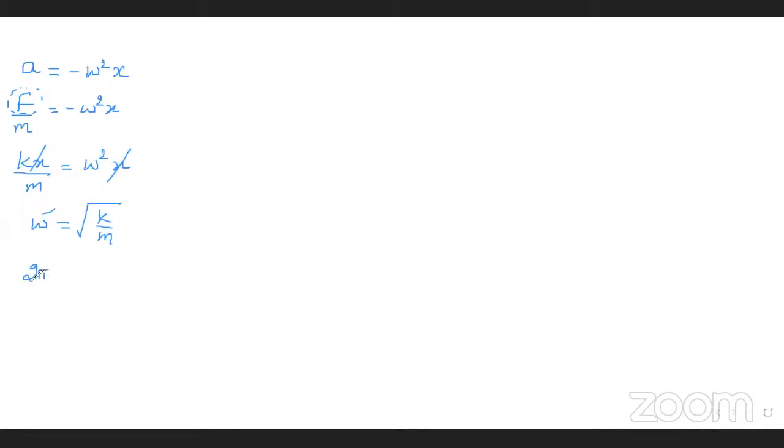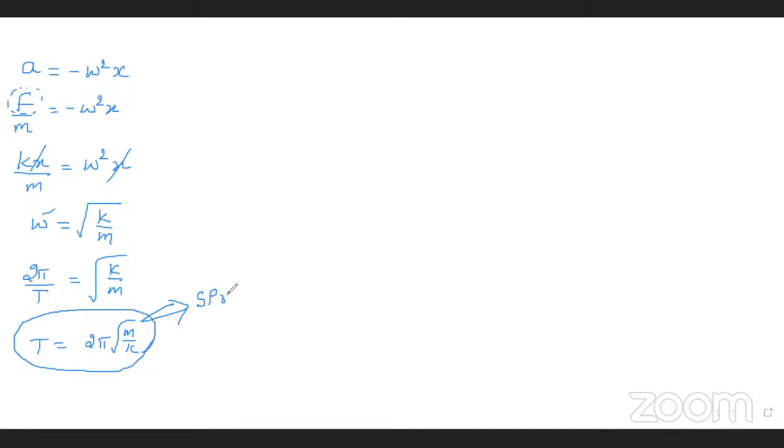Omega can be taken as 2 pi by T, which is equal to root of k by m. So time period will be equal to 2 pi into root of m by k. So this is the formula for the time period of the spring.